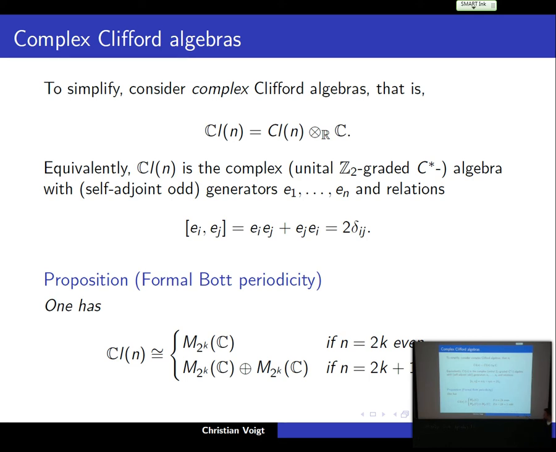You just have matrix algebras or direct sums of two matrix blocks, depending on whether the dimension is even or odd. All right, so very easy. We're talking about finite matrices. It cannot get any simpler than that.